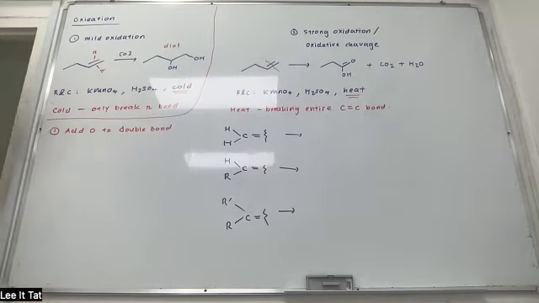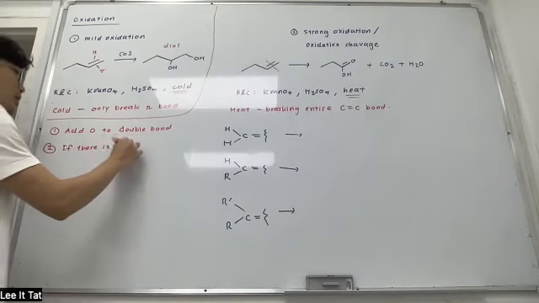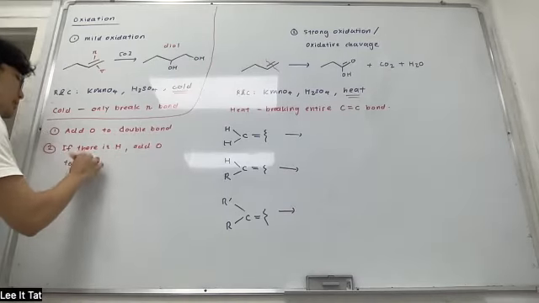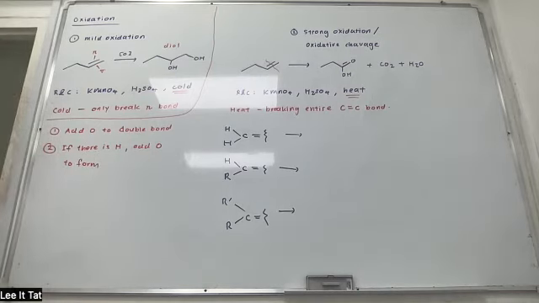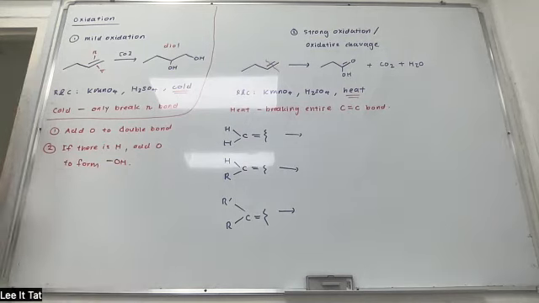You must see the double bond always add an oxygen. And number 2, if there is hydrogen, you also add O to it to form what, guys? Hydrogen and O becomes OH. You see OH. That's all you're doing.